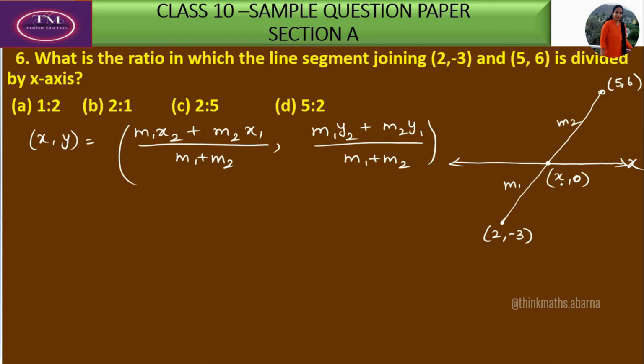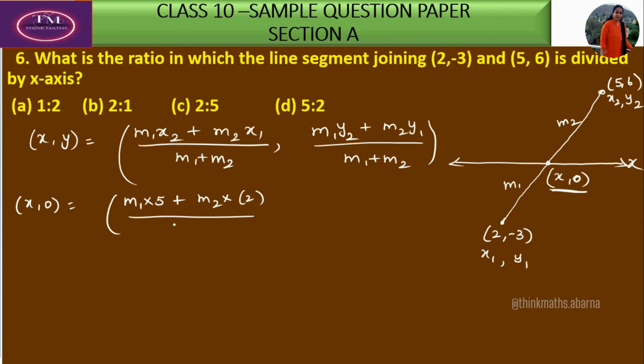So what is the point here? It is (x, 0). So (x, 0) is equal to the section formula, where this is (x1, y1) and this is (x2, y2). So m1 x2 means m1 into 5 plus m2 into 2, divided by m1 plus m2, and for y, m1 into 6 plus m2 into y1, which is minus 3, divided by m1 plus m2.